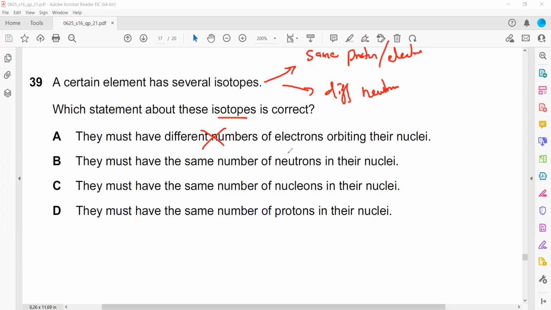They have the same number of neutrons is also wrong. They have the same nucleon number is wrong too. They must have the same number of protons. So isotopes should have the same number of protons and different numbers of neutrons. You can say same proton number, different neutron number, or same atomic number but different atomic mass, or nucleon number. So D will be the right answer.